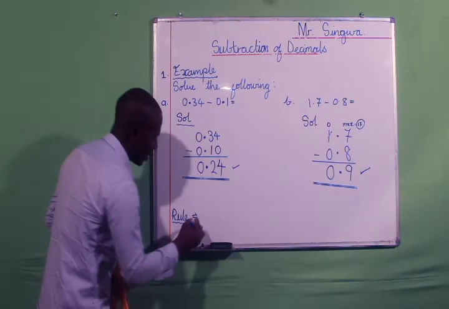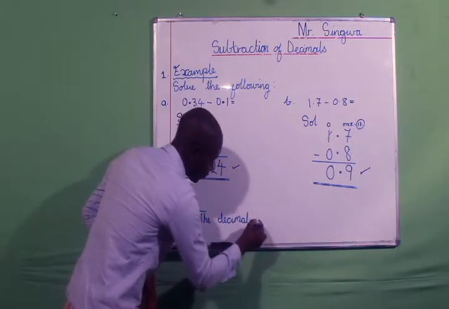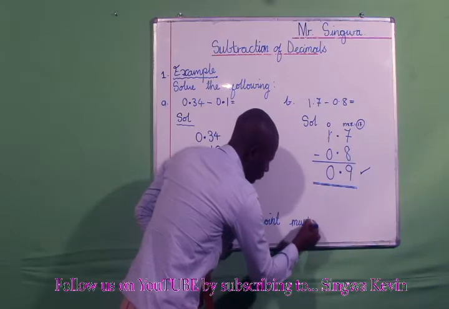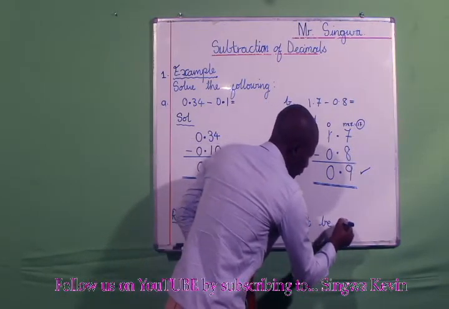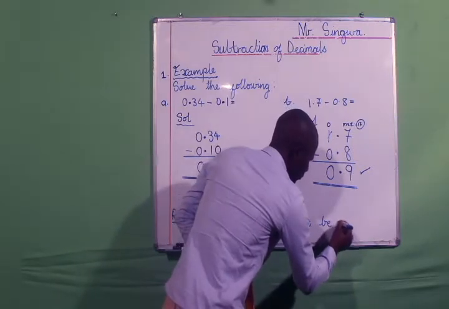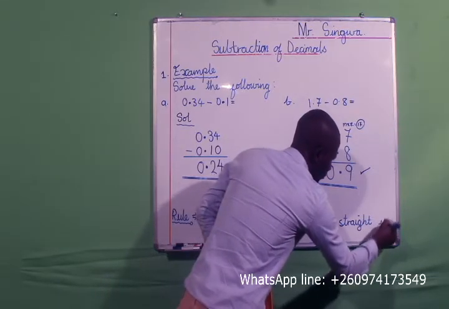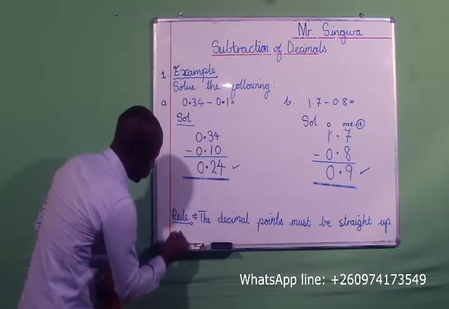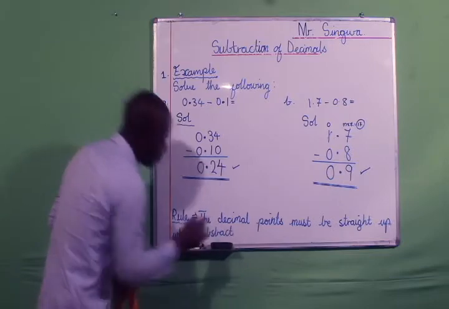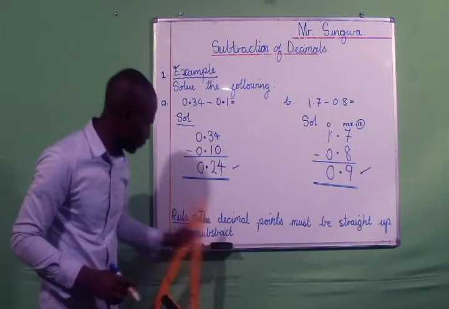In addition, we say the decimal point or the decimal points must be straight up when subtracting.